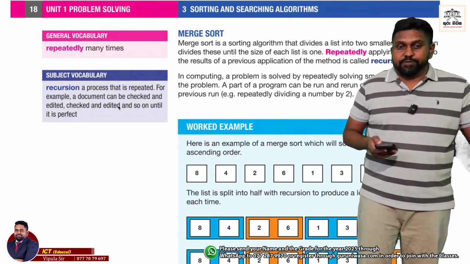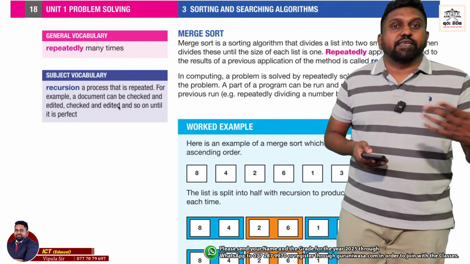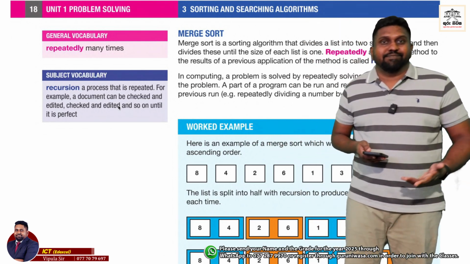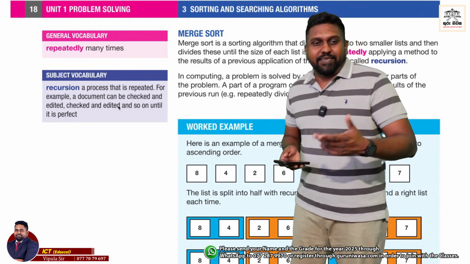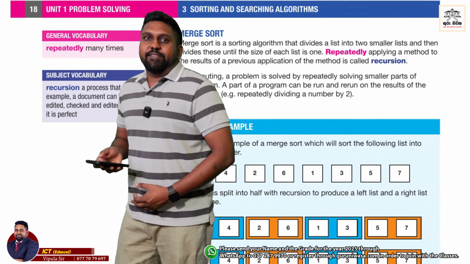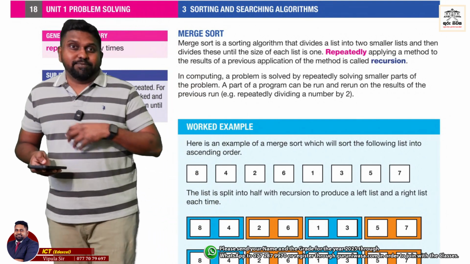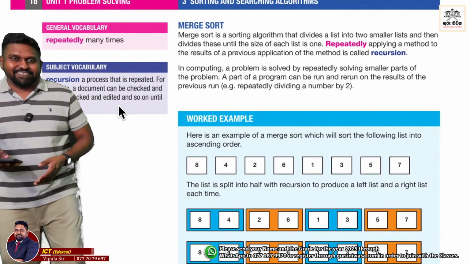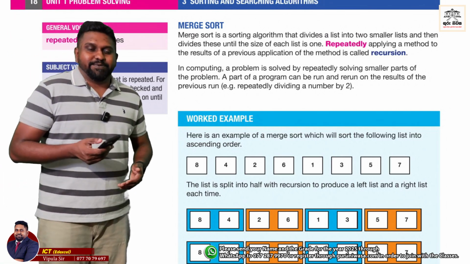For example, a document can be checked and edited recursively until it's perfect. So let's say when you're checking your paper after writing all the answers, you have to go through a recursion, checking all the answers to find out if everything is properly written or everything is intact.